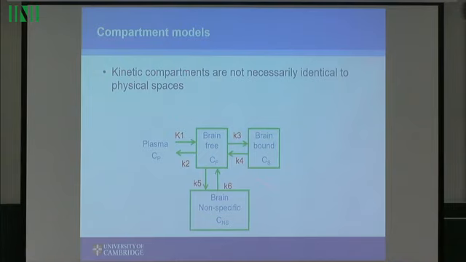Then there is the brain bound, the specifically bound concentration. That's the one we want to analyze. We want to know how much is specifically bound to our target of interest. And there's this non-specific binding which we tend to collapse into the free, because it is quite a rapidly equilibrating compartment.